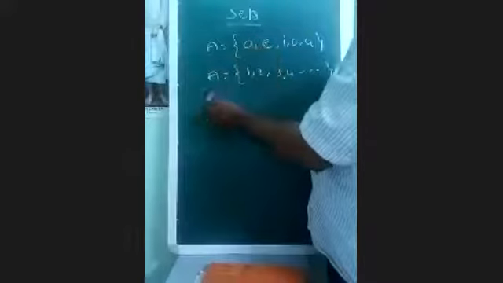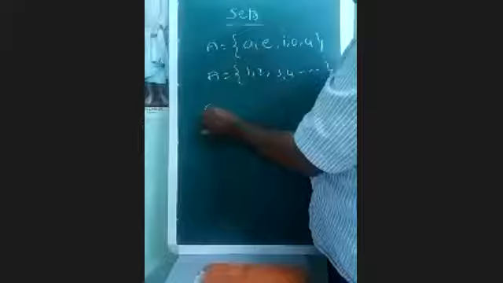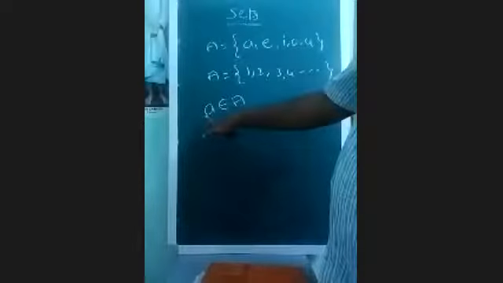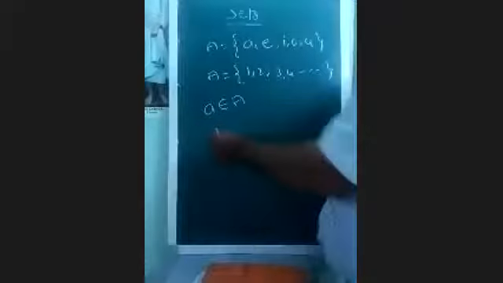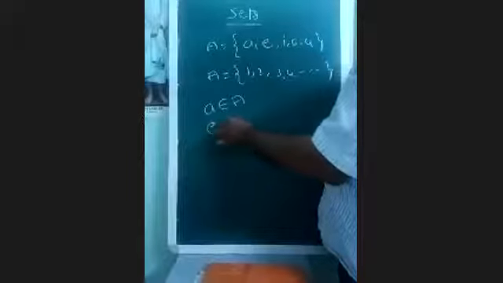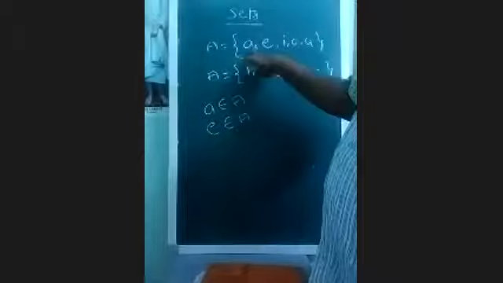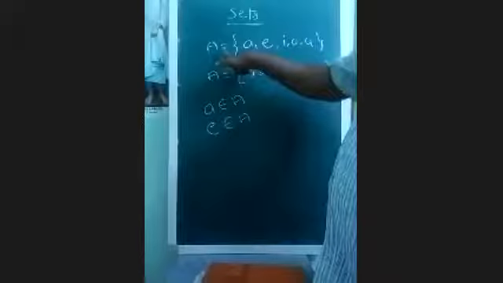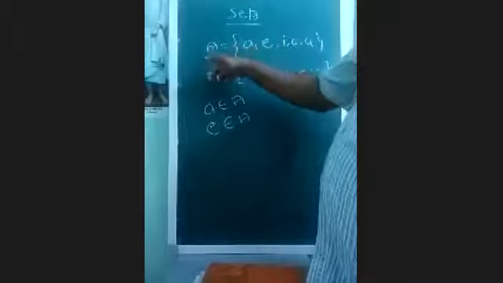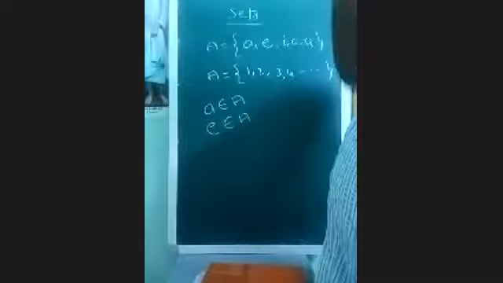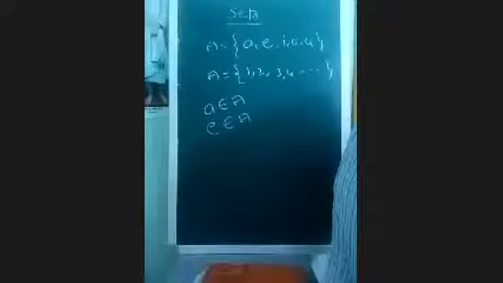This can be written as a belongs to A, I mean the element a lies in set A. For example, e belongs to A. Here e is an element belonging to set A. Sets are denoted by capital letters, and the elements or objects inside them are denoted by small letters. A set means a well-defined collection of objects.